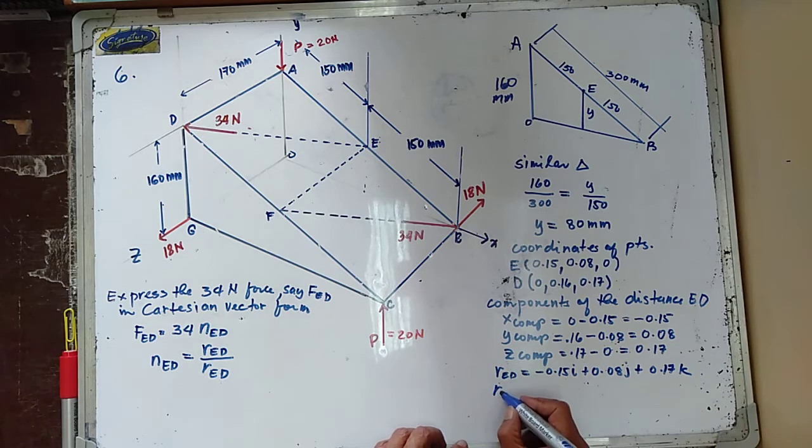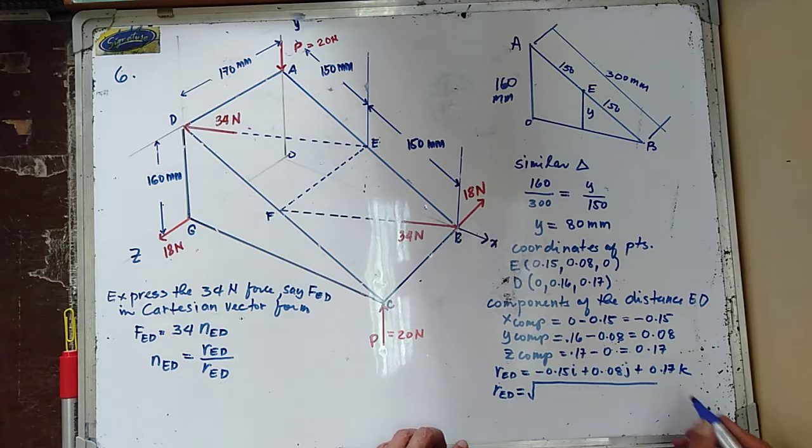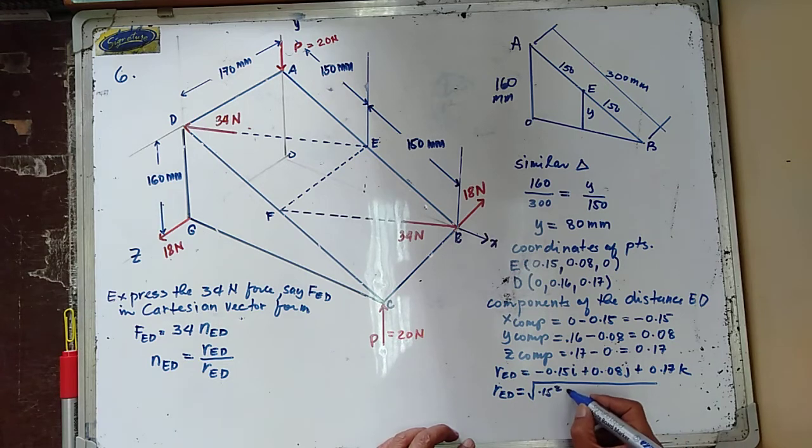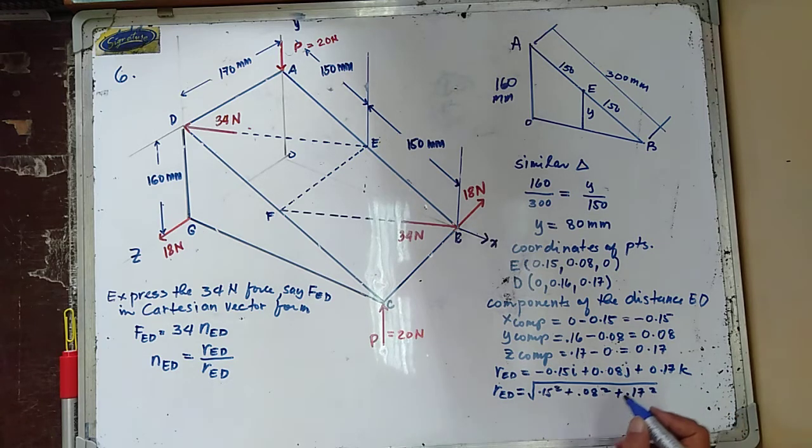And the magnitude of this is equal to the square root of 0.15 squared plus 0.08 squared plus 0.17 squared. So this is therefore equal to the square root of 0.0578.